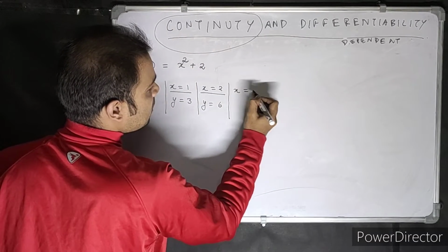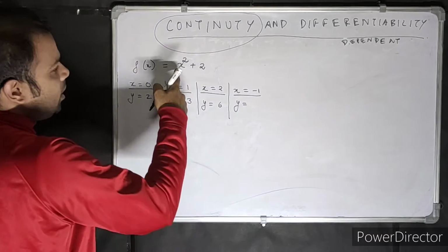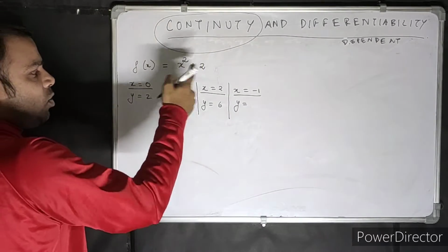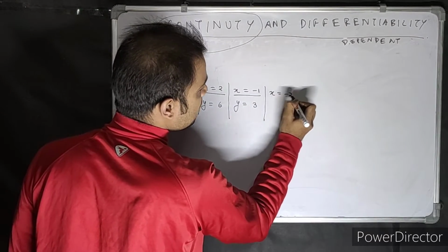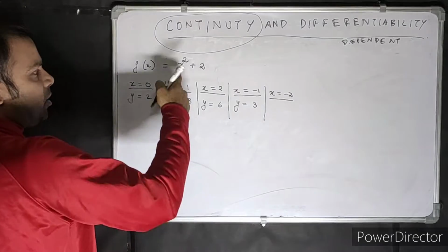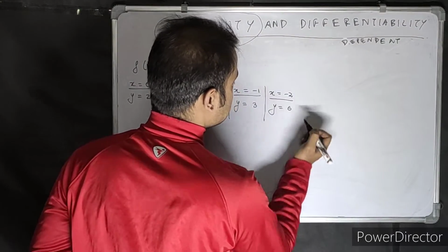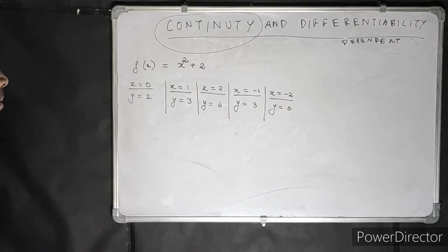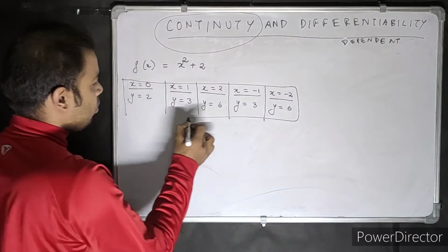When I put x equal to minus 1, then y is, as minus 1 whole square is 1 only, 3. If I put x equal to minus 2, then minus 2 whole square is 4, and plus 2, y is equal to 6. If you want, you can put more points.